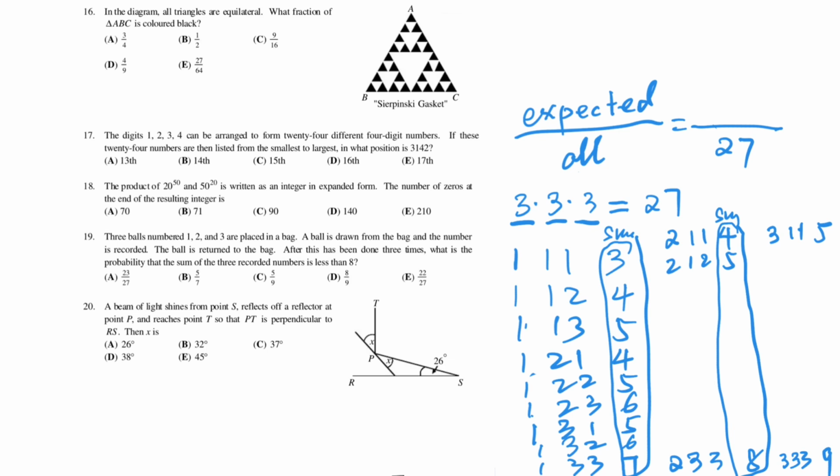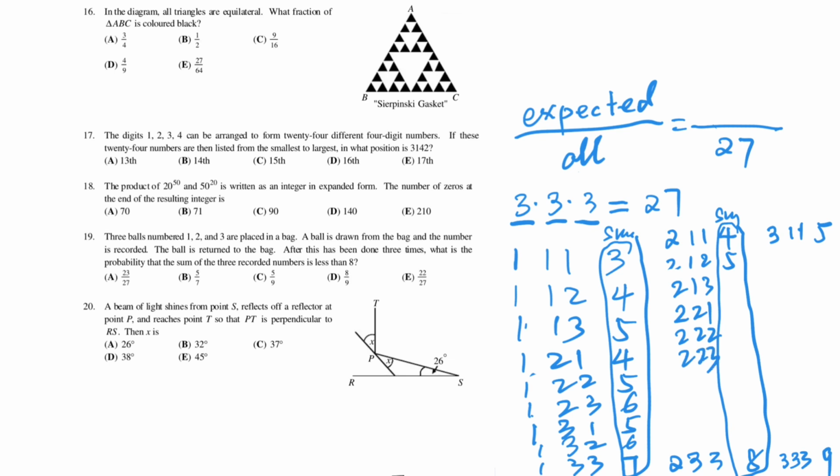So how many are less than 8? We just need to find how many are 8 or greater. From the ones starting with 2, we have 2, 1, 2, 2, 1, 3, 2, 2, 1, 2, 2, 2, 2, 2, 3.